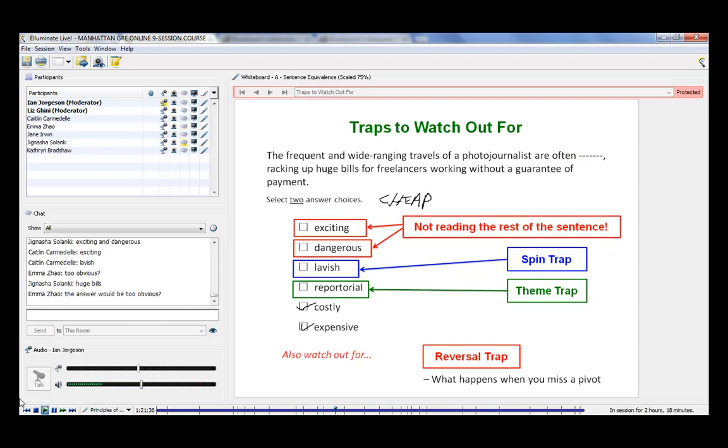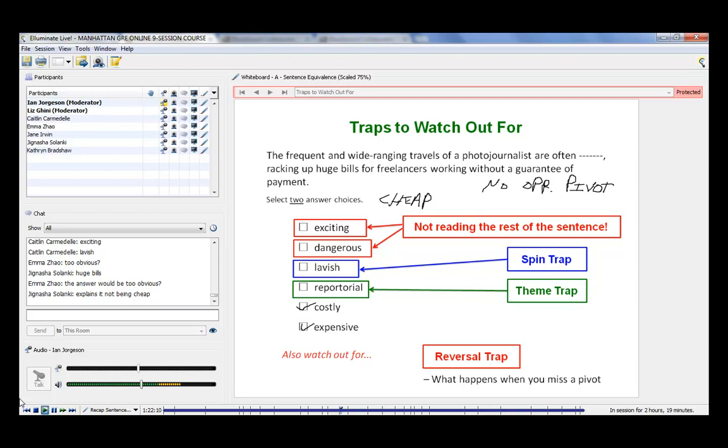Yeah, so too obvious. And the reason why, I would say, is there's no opposite pivot in this sentence. The reason why a reversal trap occasionally works is because people miss a "but" or a "not" or a "yet." If you don't have any opposite pivot here, then there's not really any point in trying to catch people with that trap.